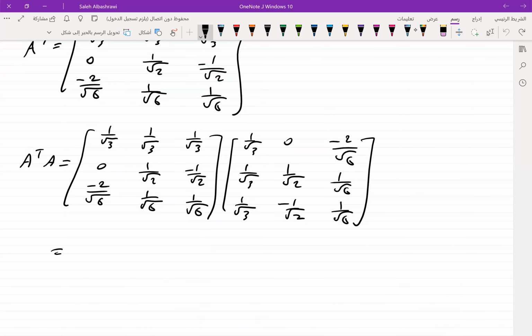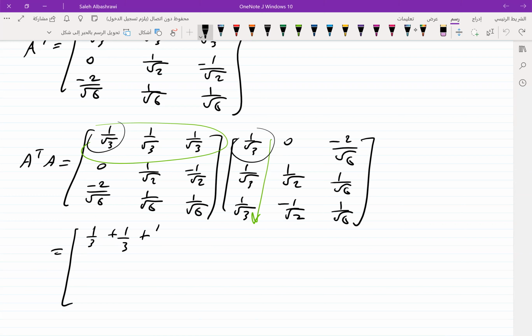Let's find the product of these two matrices. Row into the column. 1 over 3 times 1 over third root of 3 will give me 1 over 3 plus 1 over 3 plus 1 over 3.